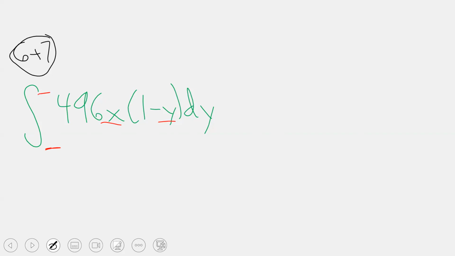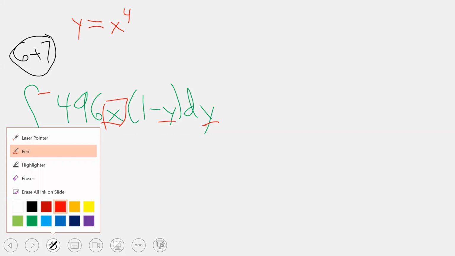Now, in order to do that, we should first figure out whether we're going to integrate with respect to X or to Y. Note, we have a dy here, so that tells us we probably want to integrate with respect to Y, which means we need to rewrite this X in terms of Y's. Luckily, we have a relationship between X and Y that we can use, the equation y equals x to the fourth.